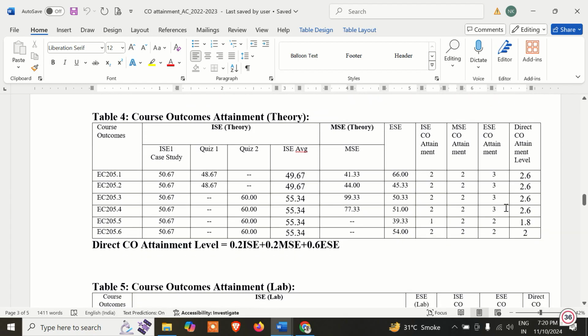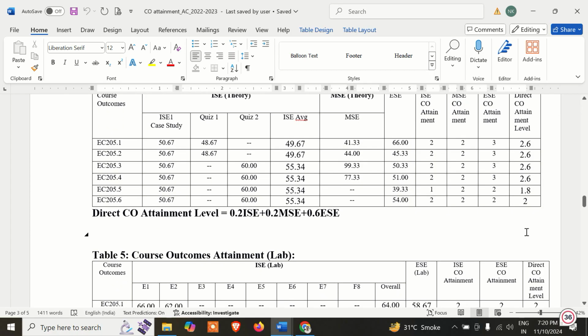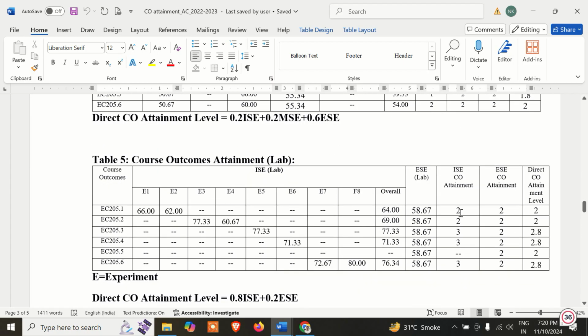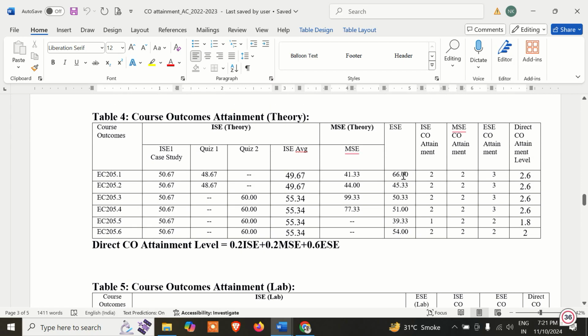Instead of percentage, we scale it to attainment levels of 1, 2, 3, and again average these ISC, MSC, ESC. Then you will know the direct CO attainment level on the scale of 1, 2, 3.